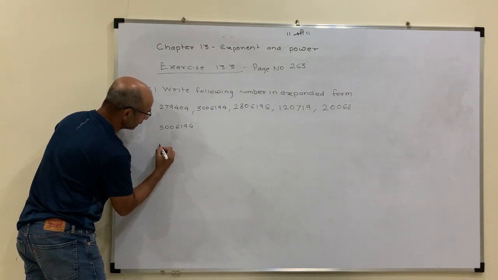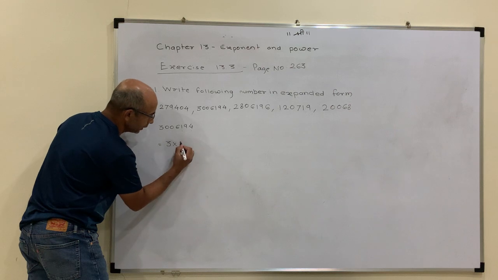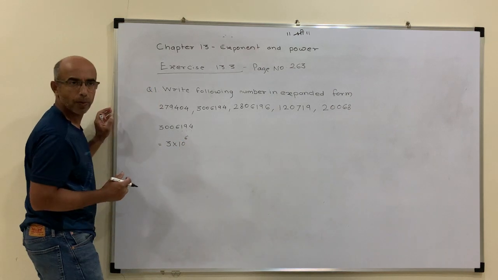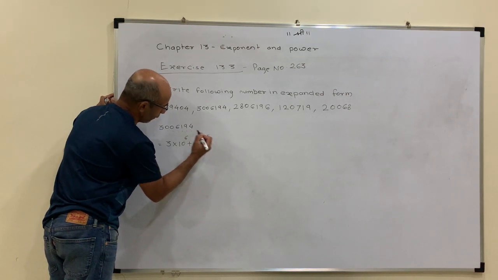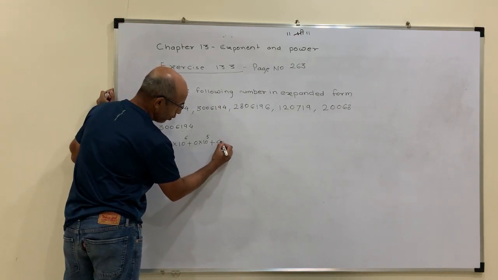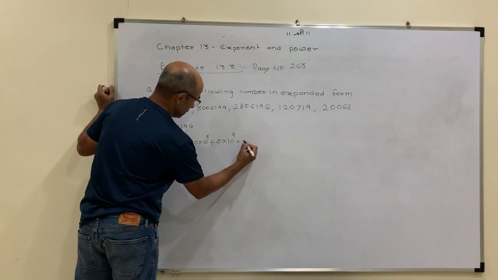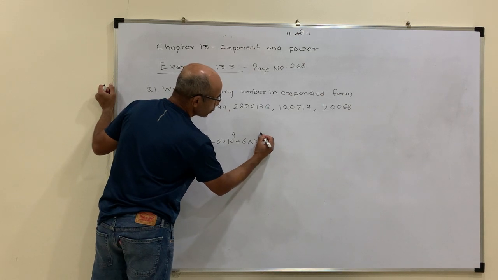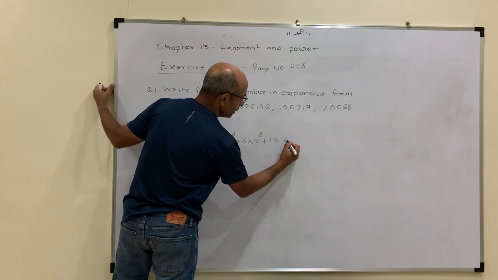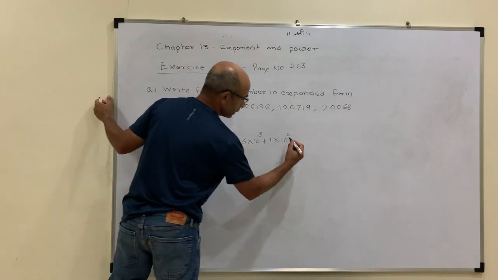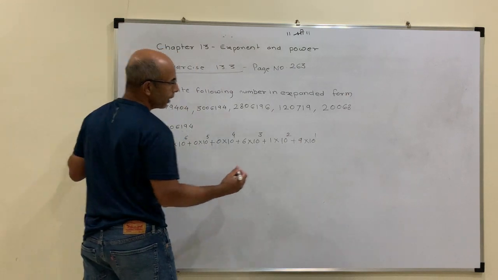Now I write this as 3 into 10 raised to 6, plus 0 into 10 raised to 5, plus 0 into 10 raised to 4, plus 6 into 10 raised to 3, then plus 1 into 10 square, then plus 9 into 10 raised to 1, and then last one plus 4.